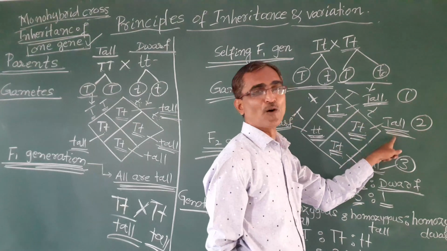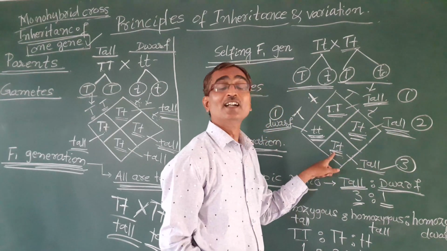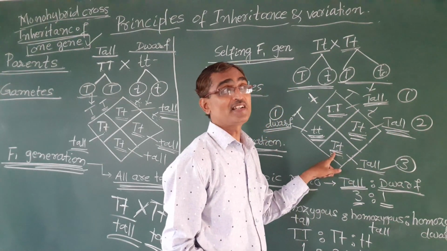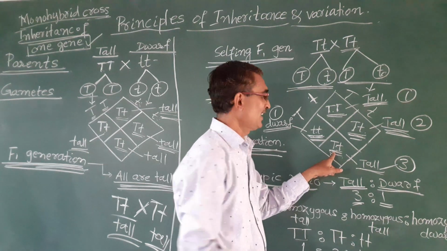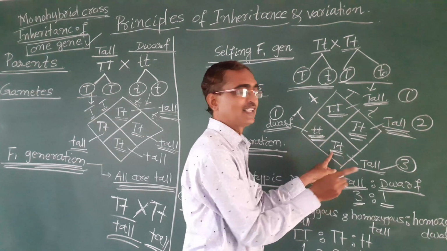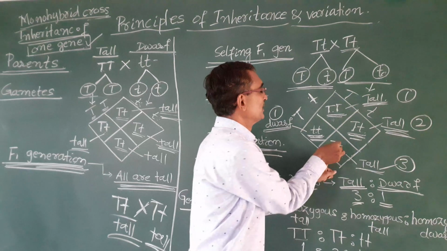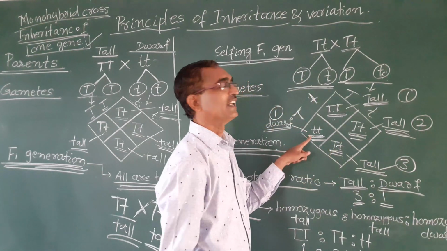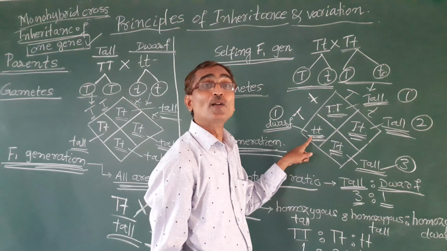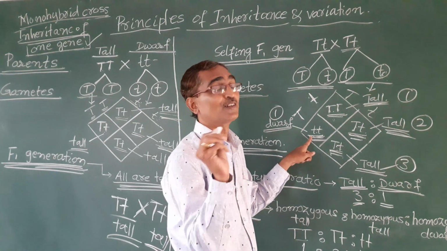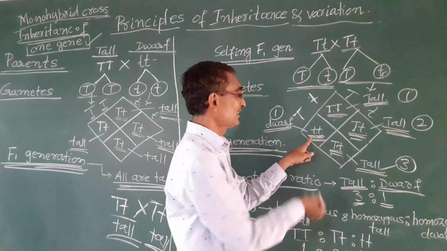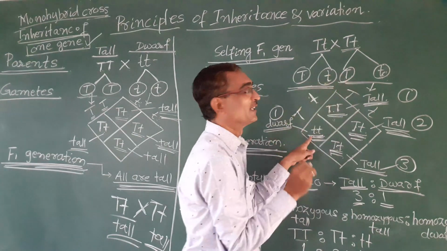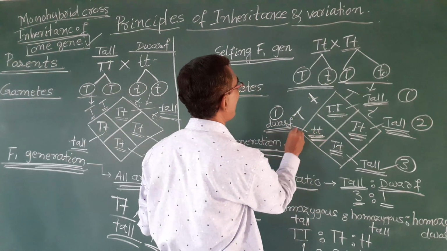This plant is also tall. Next, capital T and small t: once again tall expresses and dwarf will not express, so this plant is also tall. And here small t and small t, no tall gene here, both are dwarf genes, so this is a dwarf plant.